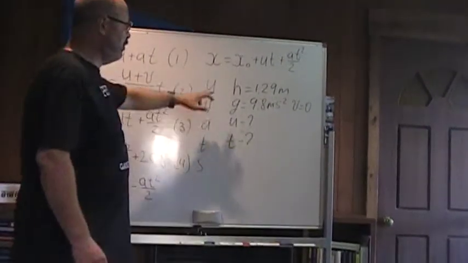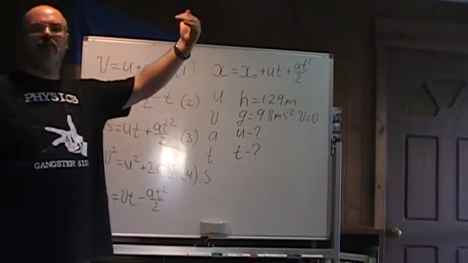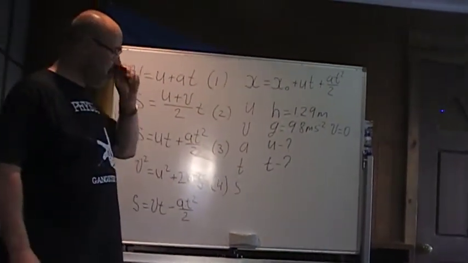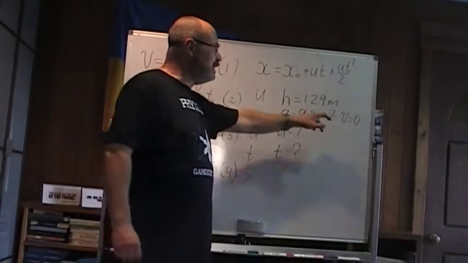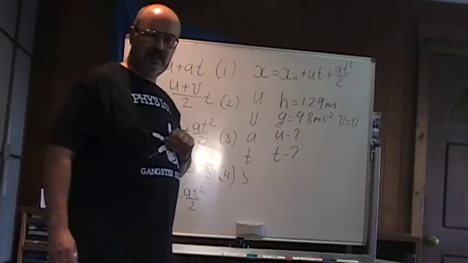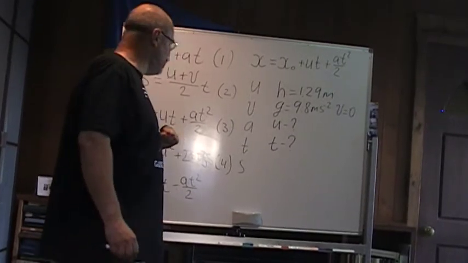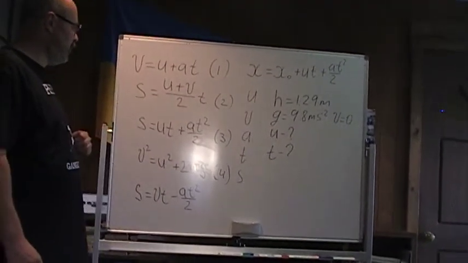So, in fact, he is in a free fall from a height of 1.29 meters with initial velocity equal to 0, and we need to find his time.